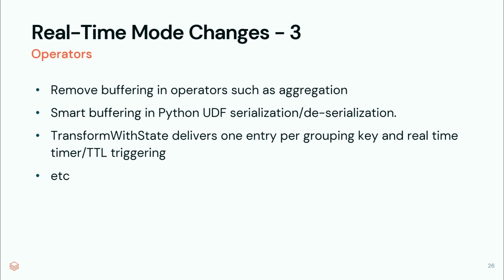So we need to modify some of the operators so that data is streamed. The ones we have modified so far are aggregation and some of the UDF operators. And there's also the transformWithState operator. That's new; I think there's a talk today, and I hope some of you join that one. That feature, by the way, matches this real-time mode very well, and we also implemented real-time mode support for this feature.